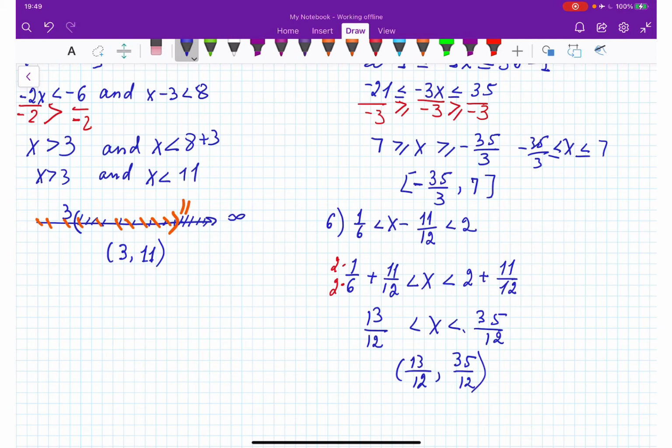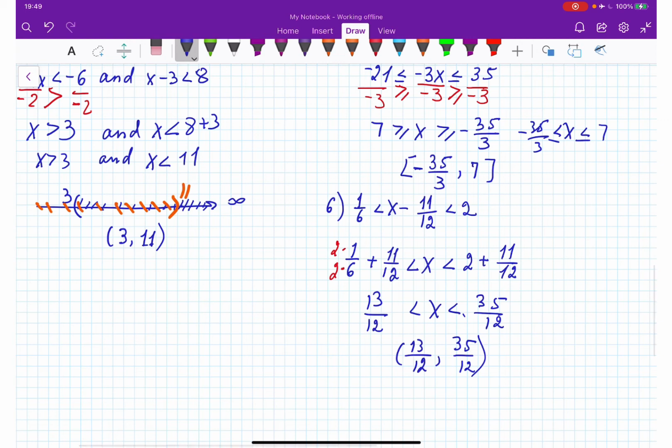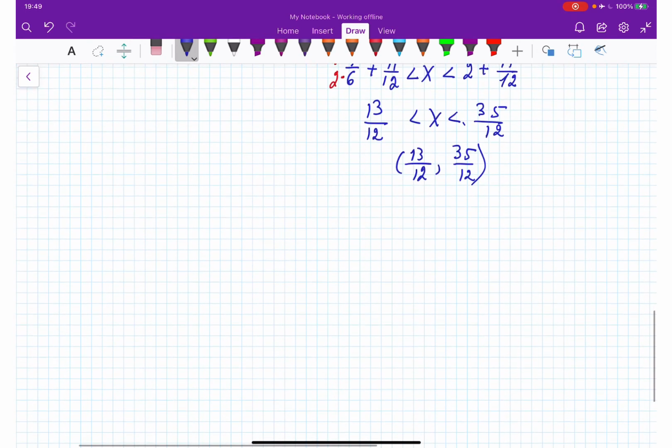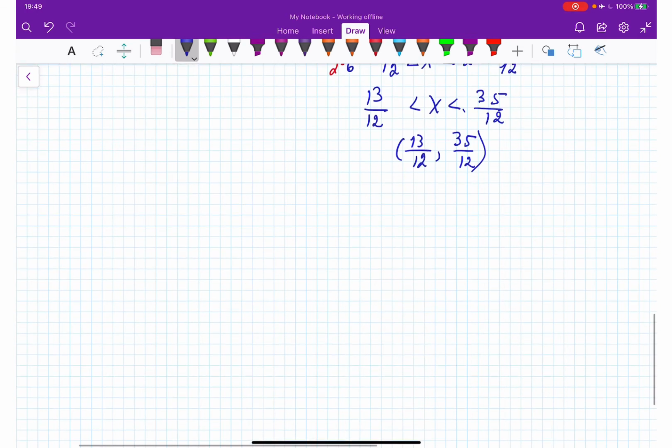Okay, that was question number 6. Moving to question number 7. x plus 4 greater than or equal to 4, and x plus 8 less than or equal to 7.